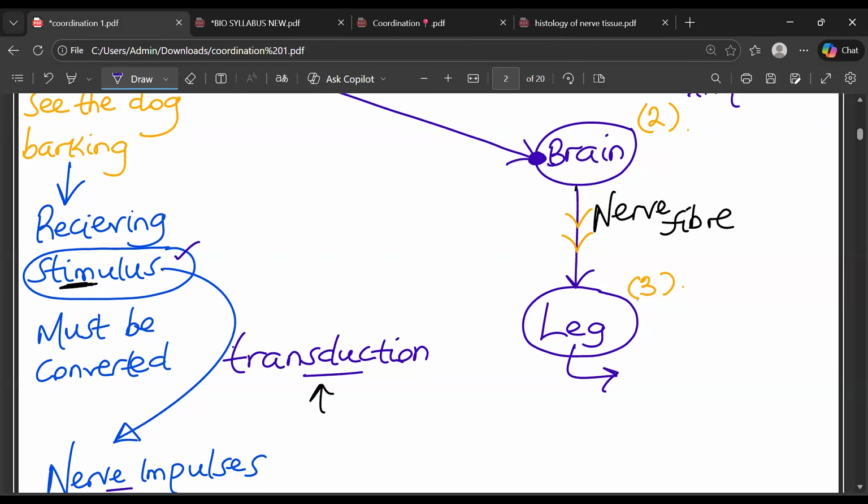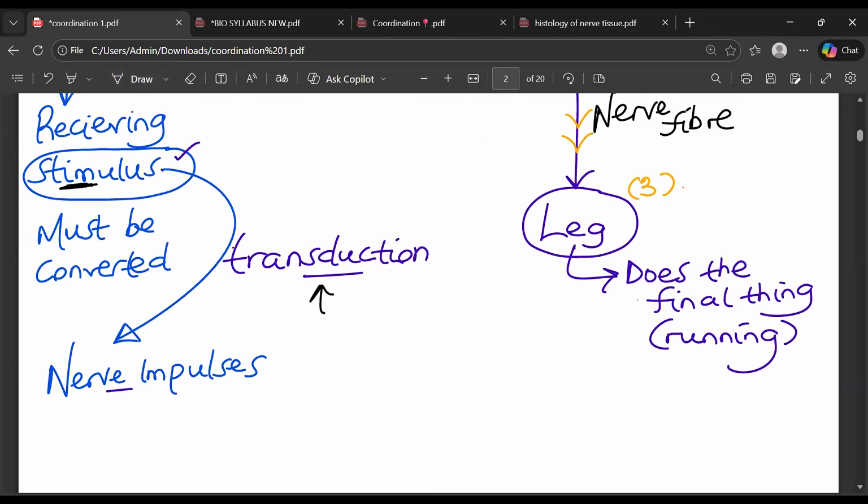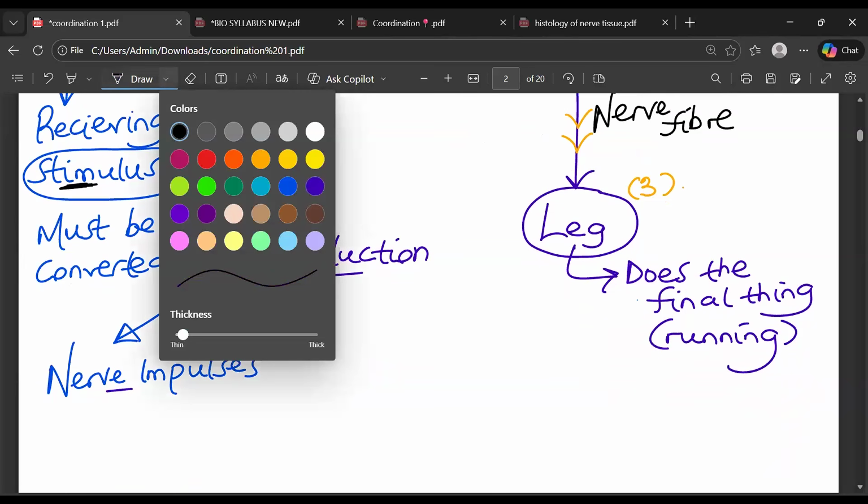So this leg does the final thing. Because the final thing is running, it does the final thing. That is the running. You get it? Yeah. And the final thing, I'll call it the effect. Like the effect of you seeing a barking dog is running.